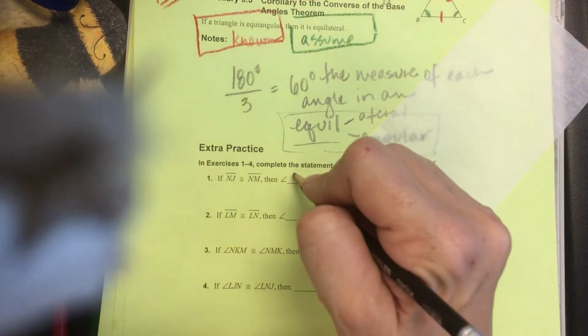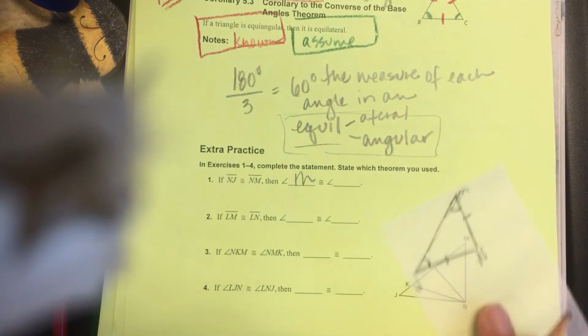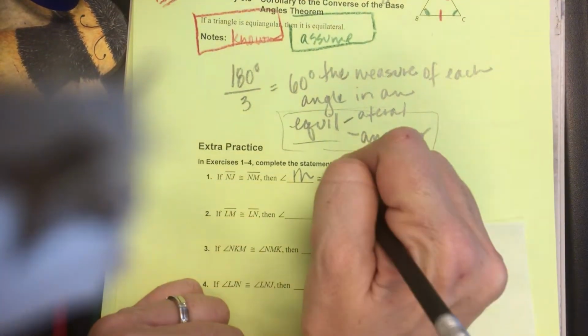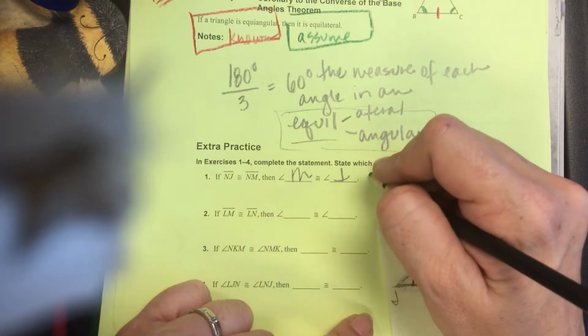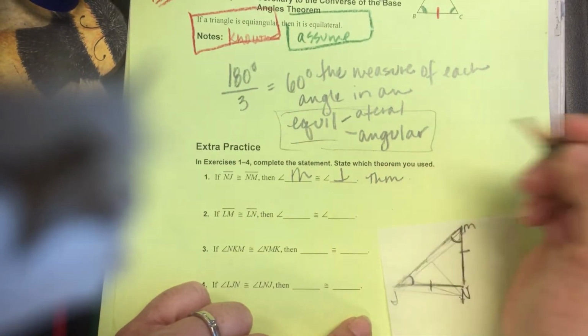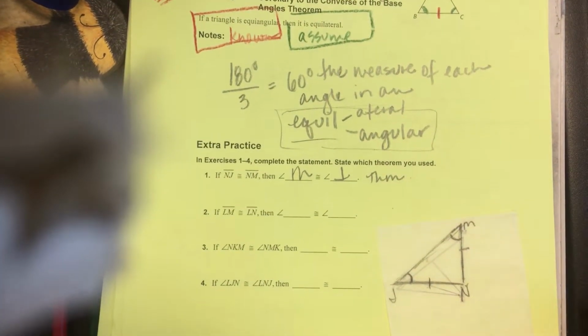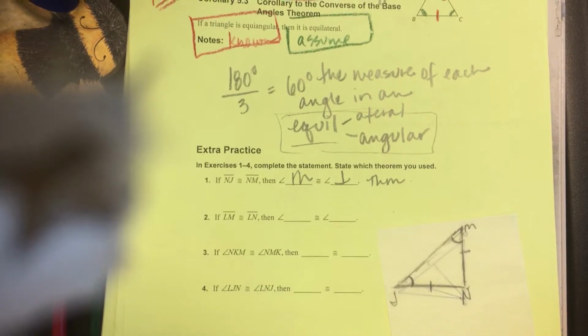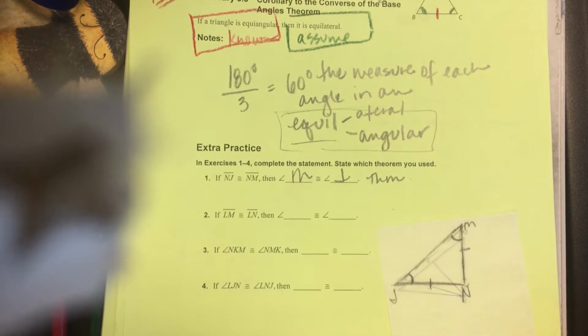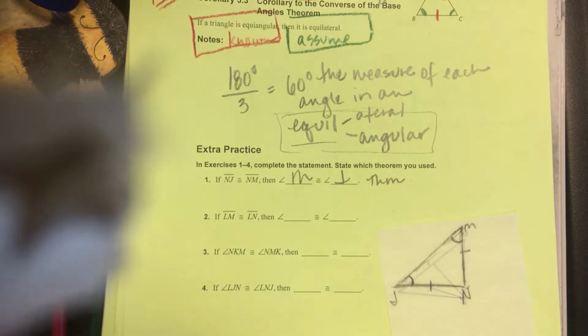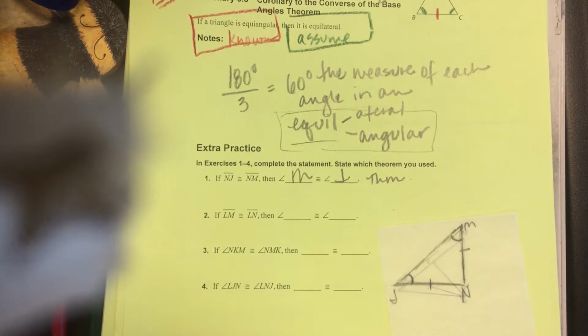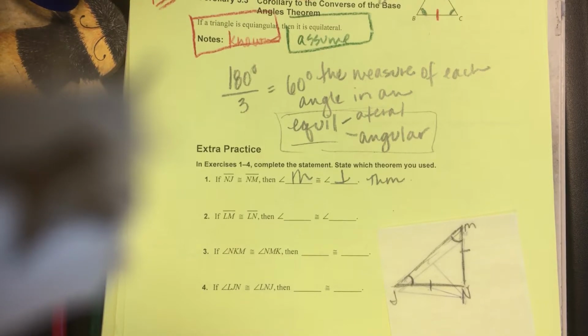If those two sides are the same, then the angles that are the base angles, that J and M, are the same. Go back and find the theorem. Look back. Given side lengths in an isosceles triangle, the base angles are the same.